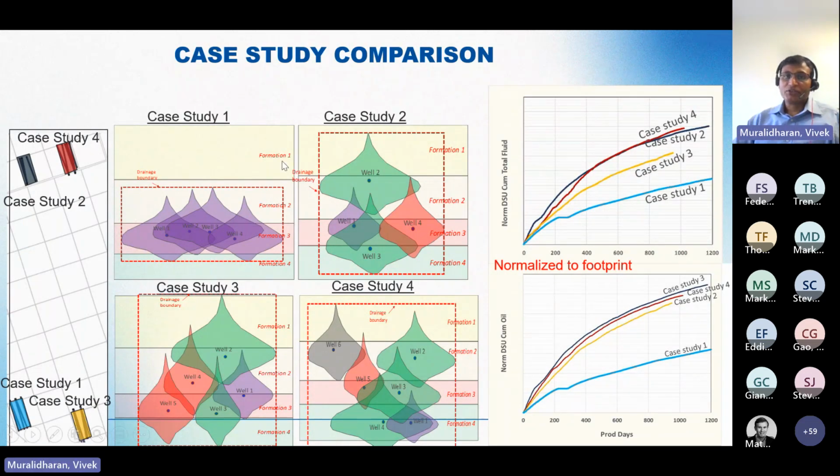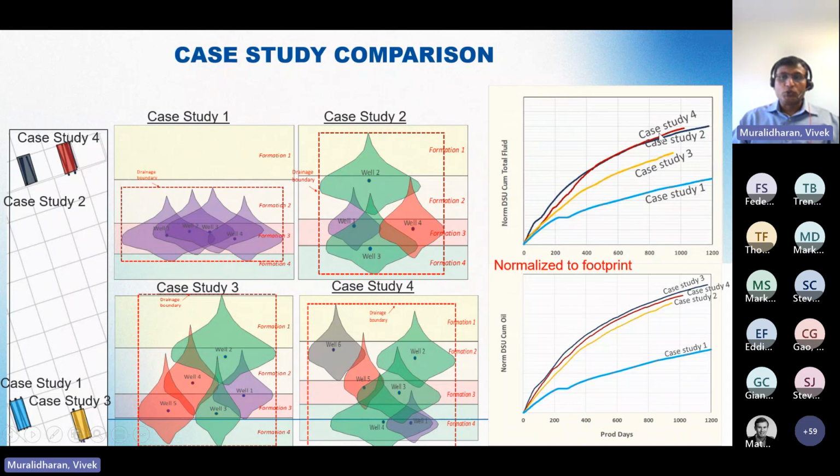One thing that we understood out of this exercise is that when you have a straight landing, the total fluid for the DSU, if you normalize to the horizontal footprint, is much lower compared to the other case studies. That means staggered development definitely improves your average for the same footprint.